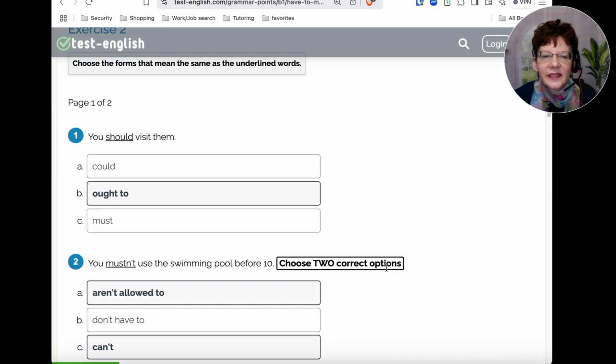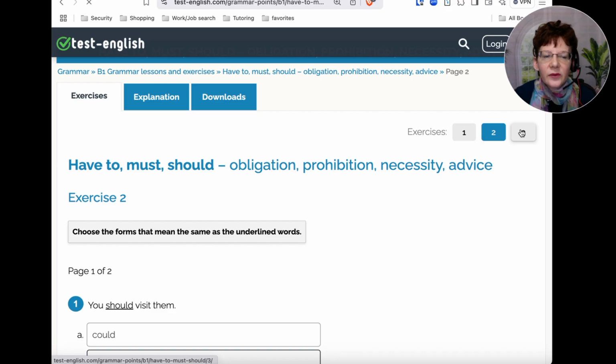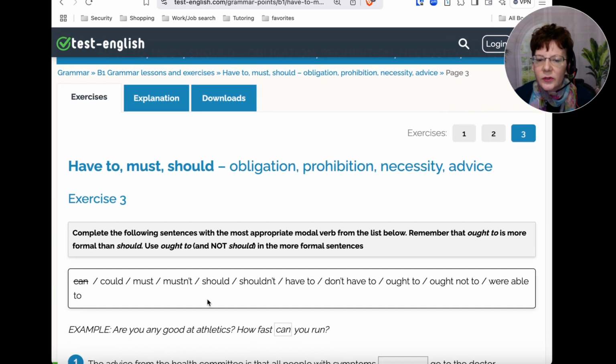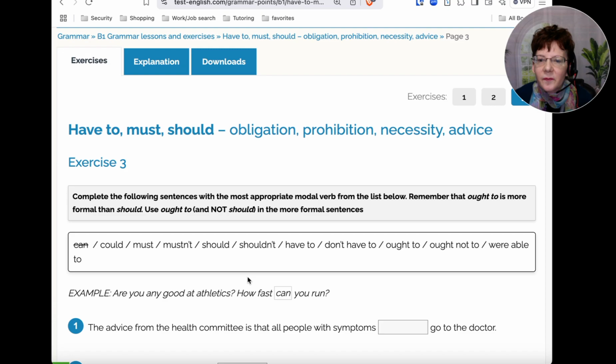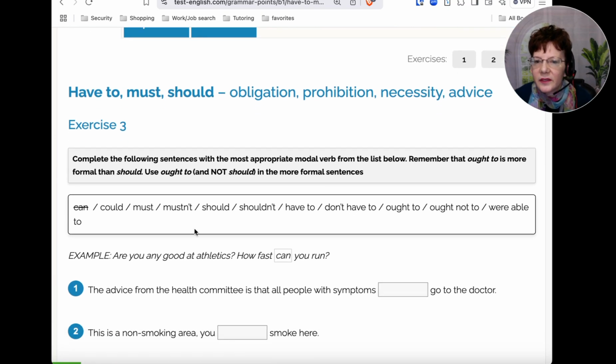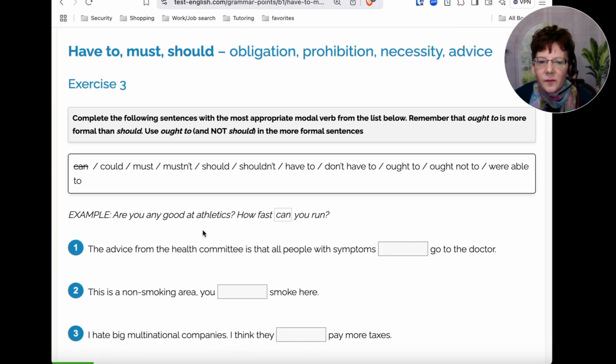Exercise 3, we'll look at that real quick. We'll choose from the words in the box. Note that we can use ought to and not should for more formal sentences. For example, the advice from the health committee is that all people with symptoms, which modal form goes here?